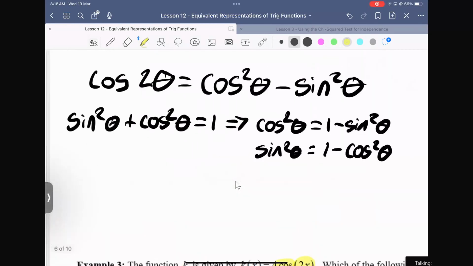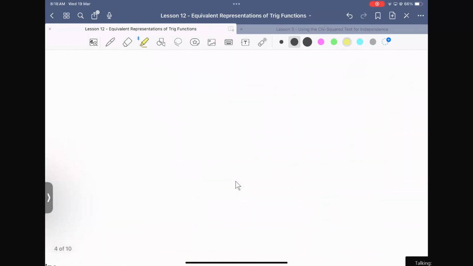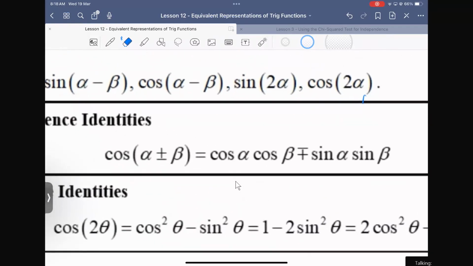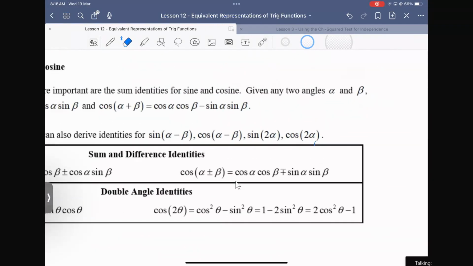So if we scoot back to our formula sheet, which one looks like this? The compound angle, the sum and difference identity for cosine. Now, did we have a plus or a minus? We had a minus. So we are going to want this one here with this one here.